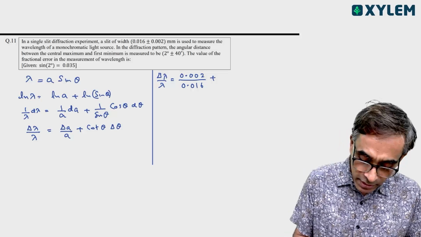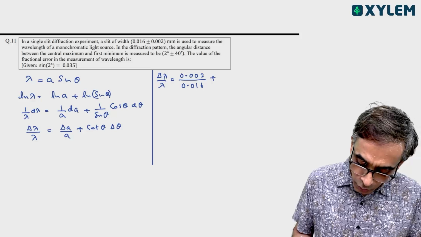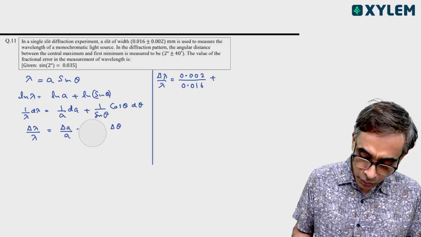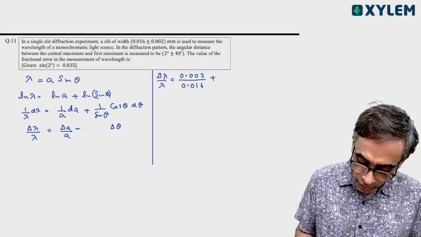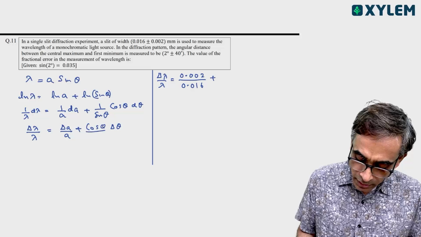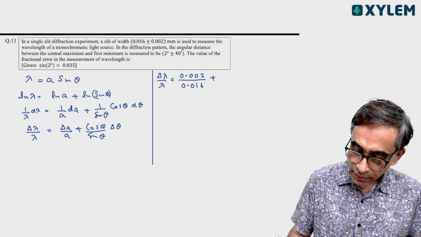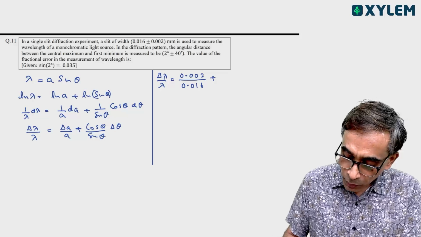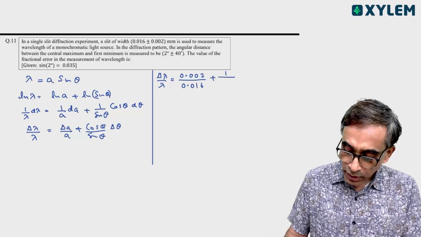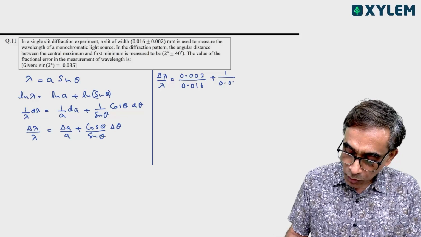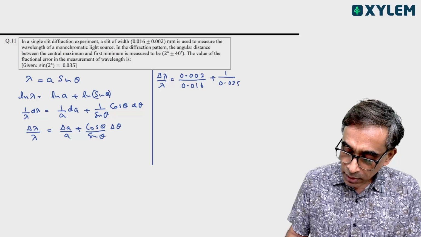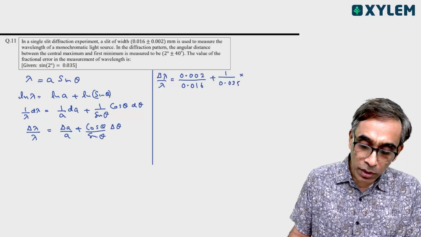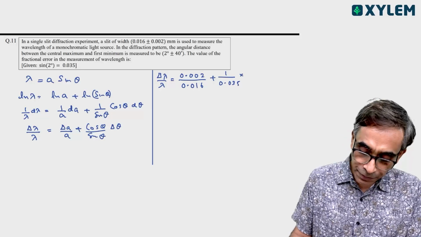See, it's given sin 2 degree here, so better not to write it as cot theta. You can write it as cos theta by sin theta itself. Cos 2 degree is approximately 1. Sin 2 degree is given as 0.035 into delta theta.